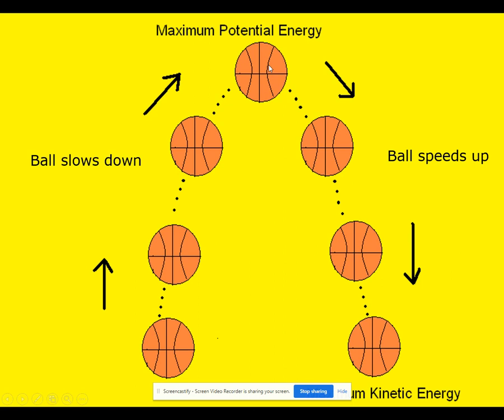Then as it starts to fall, that potential energy that was built up when you shot the basketball is starting to get converted back into kinetic energy on the way down. So this is maximum potential energy. Down here would be minimum potential energy and maximum kinetic, because it trades for kinetic. Potential and kinetic purely trade for one another, like one-for-one trade.